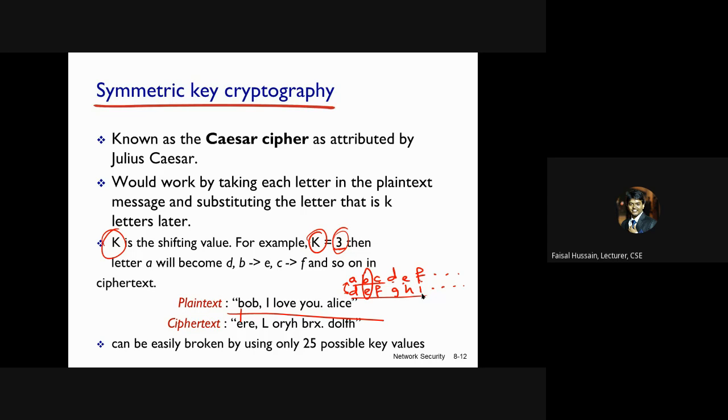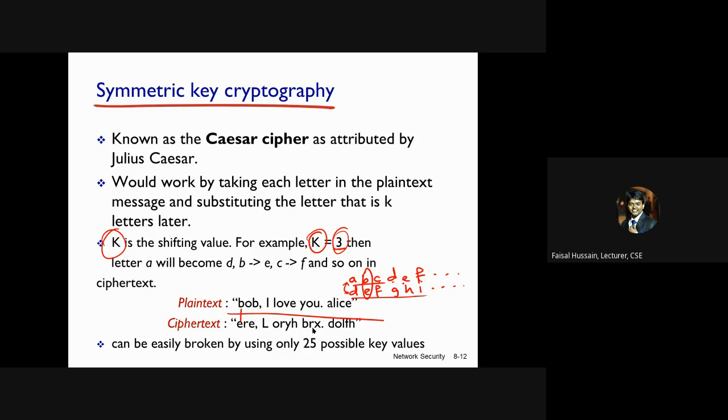Now assume that you don't know the shifting value. That means your adversary, the attacker, might not know this value. Is it possible for him to guess if he already knows that you are using Caesar cipher? He will try to find out the value of the shifting key: 1, 2, 3, 4, 5. In this way he will try.